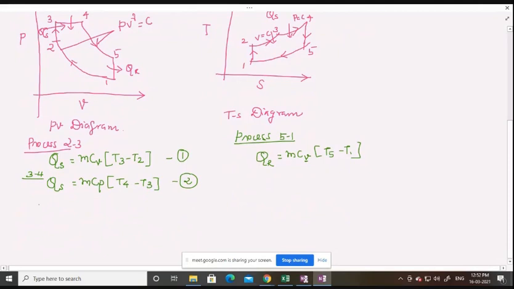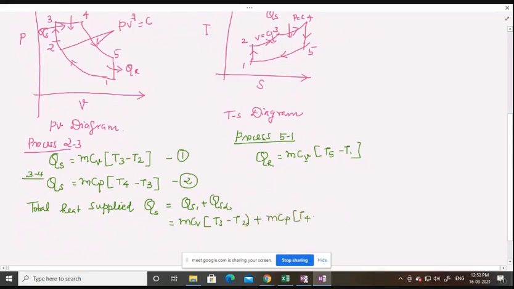So maybe here you are saying total heat supplied, which is the summation of heat supplied between the process 2 and 3 and 3 and 4. So the summation is m Cv (T3 minus T2) plus m Cp (T4 minus T3).